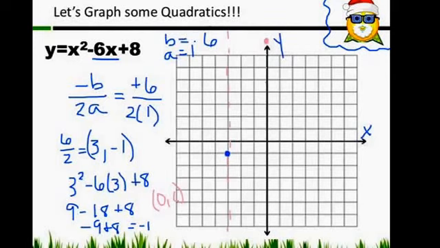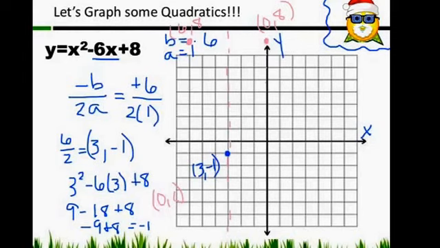And I'm going to have 1, 2, 3 away, 1, 2, 3. My other point, I know it's off my graph. Sorry. This is 0, 8. And this is 6, 8.